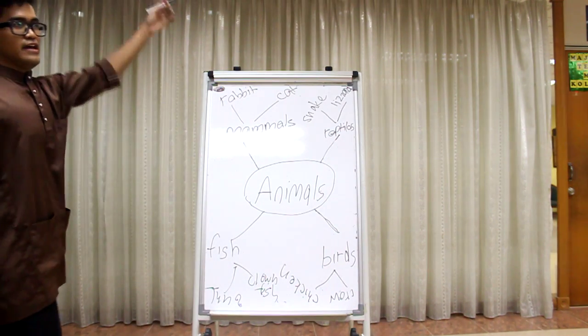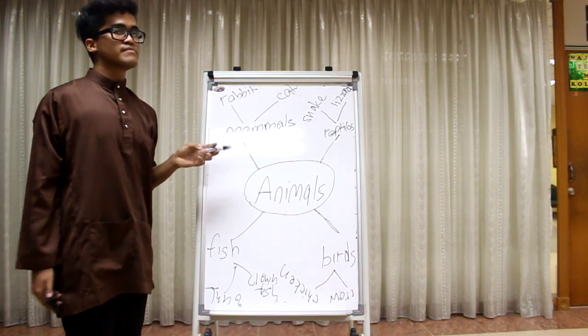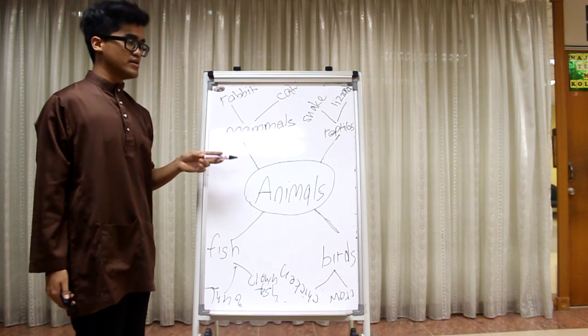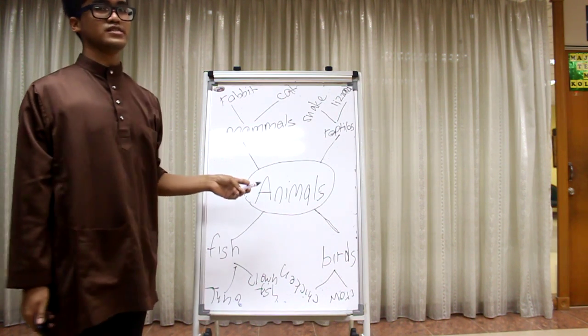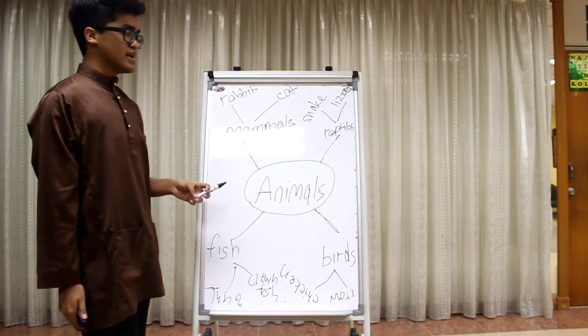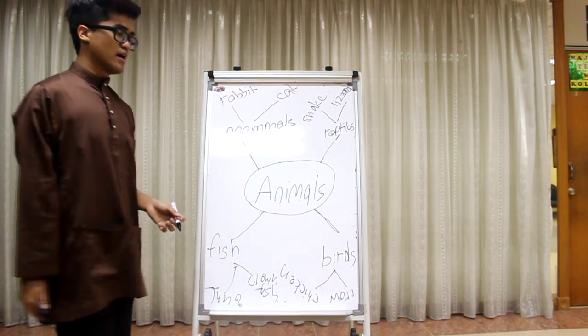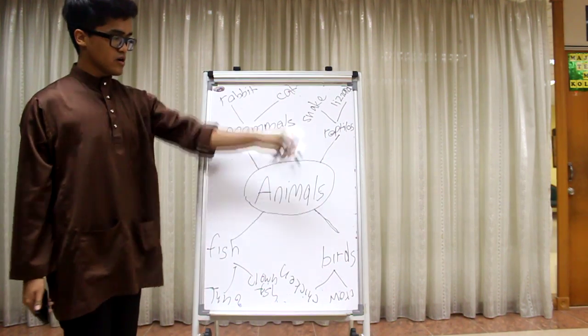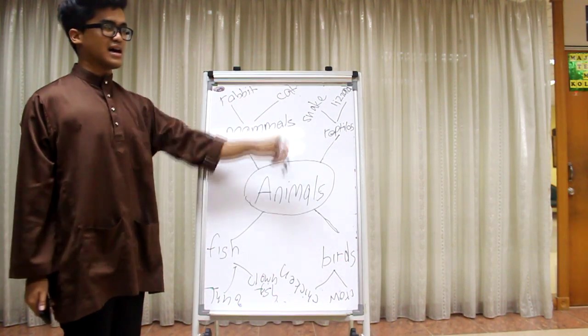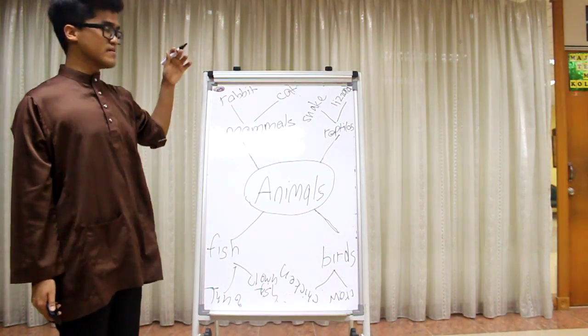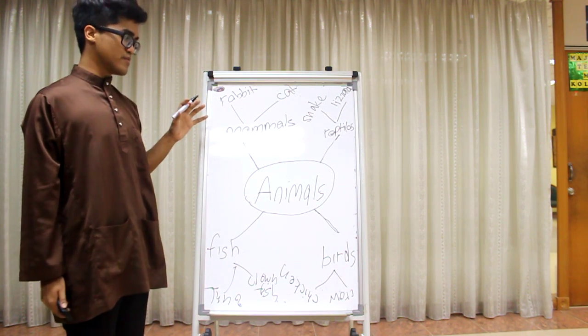So this is an example of concept mapping, where now you understand and you have more information on animals. There are many types of concept mapping that you can use. One of it is called the bubble mapping, the cloud, or you can make it even purely graphic information.